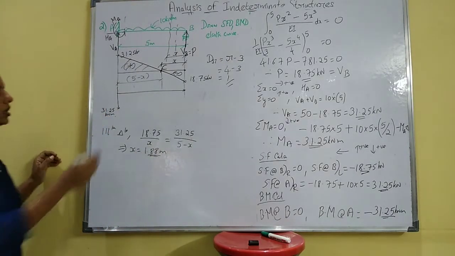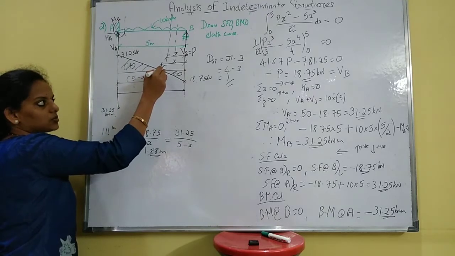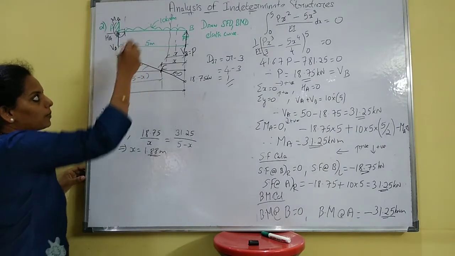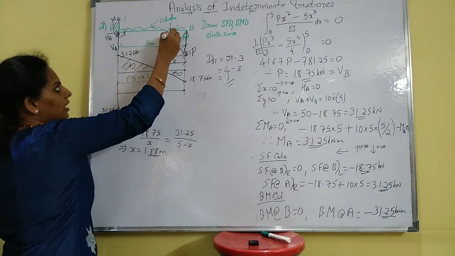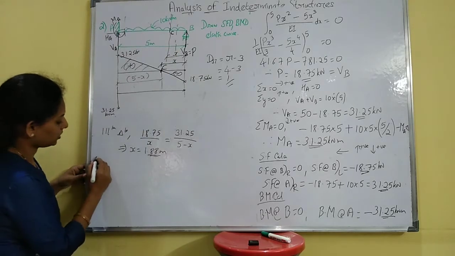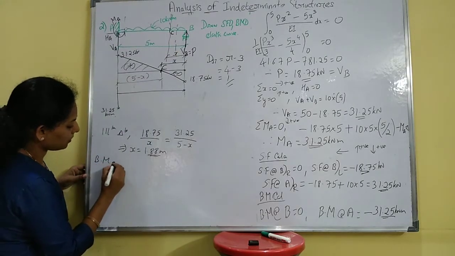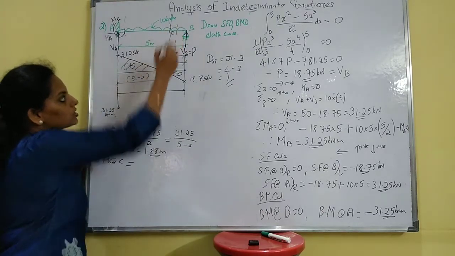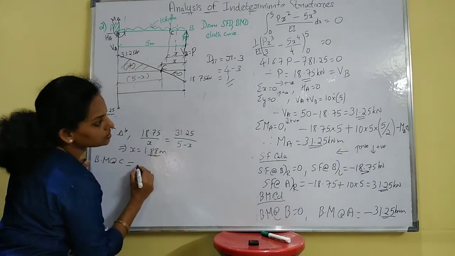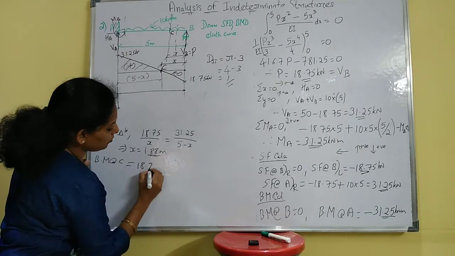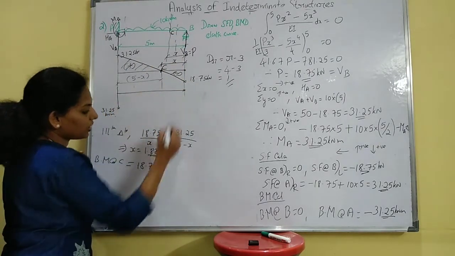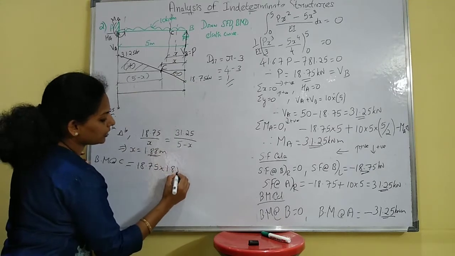Okay. Now you know that bending moment at this point equal to 0. So find out bending moment at point C now. So bending moment at C equal to, this is VB, that is how much? Plus 18.75 into this distance is X. X value is how much? 1.88.